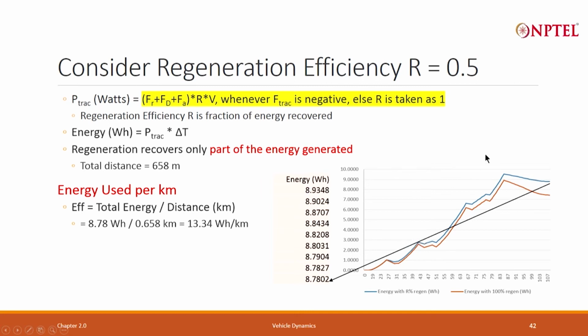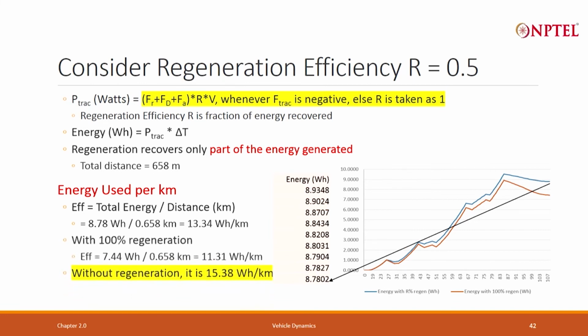So, it is not recovering fully, if it is recovering 50%, I am consuming more, I am consuming 8.78 watt hour in 658 meters, my average energy consumed is 13.34 watt hour per kilometer. If I took 100% regeneration, actually I consume less, 11.31.